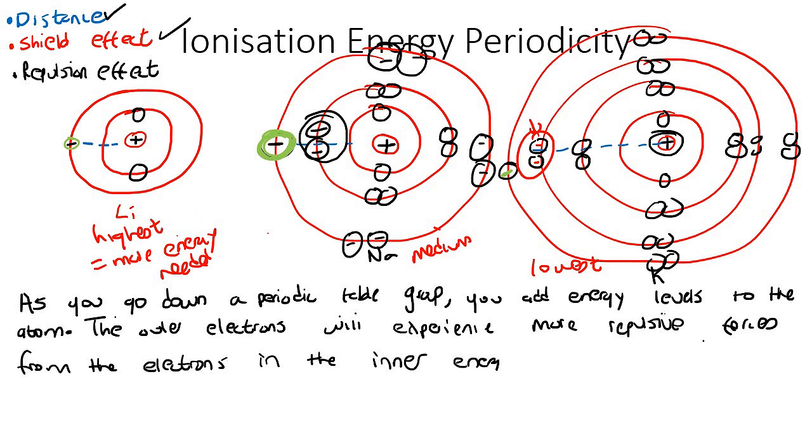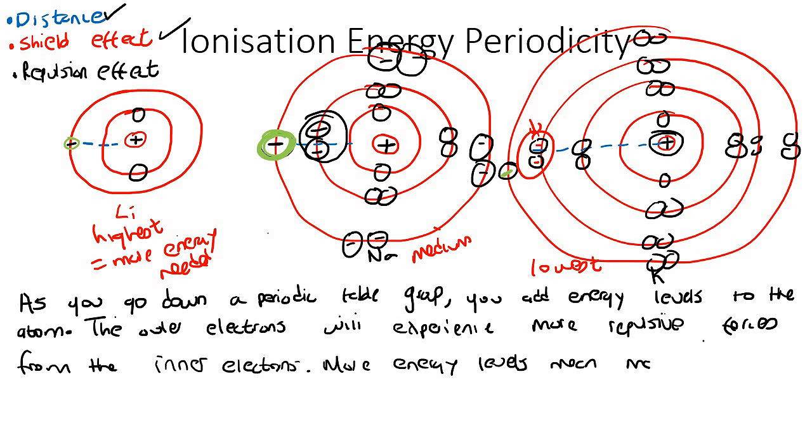Or from the inner electrons, let's just say that. We can say more energy levels mean more inner electrons. There will be more inner electrons the more energy levels you have. For example, here we have 3 energy levels. So the inner electrons are all of these. Whereas in this example, the inner electrons will be all of these ones.